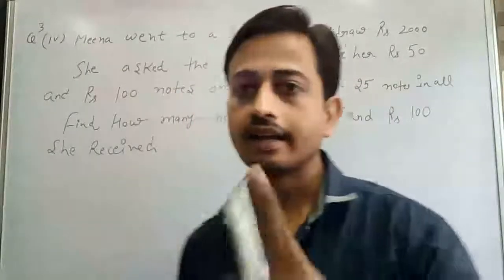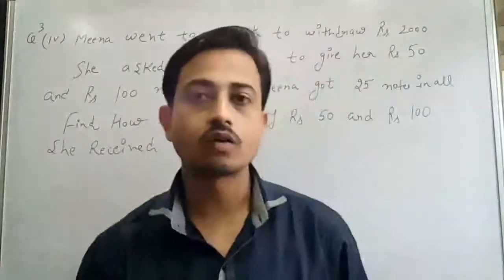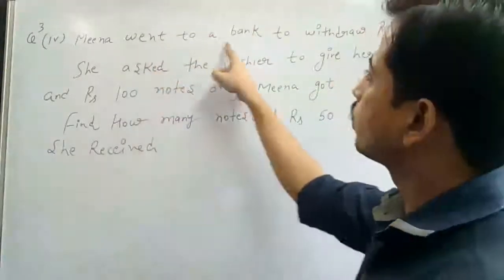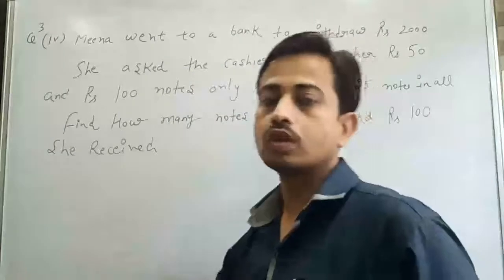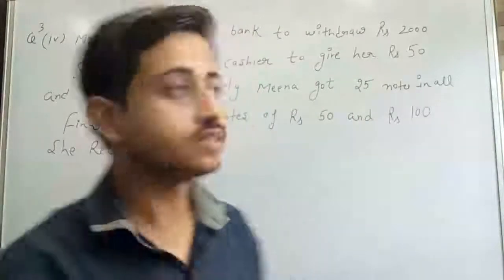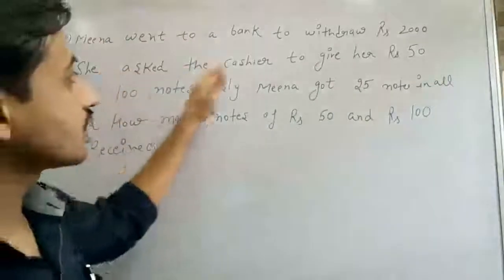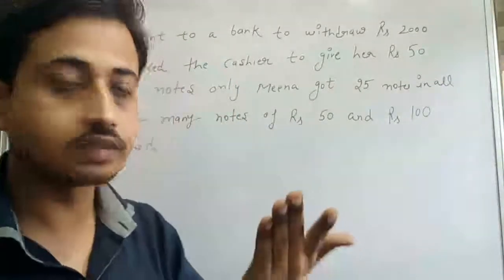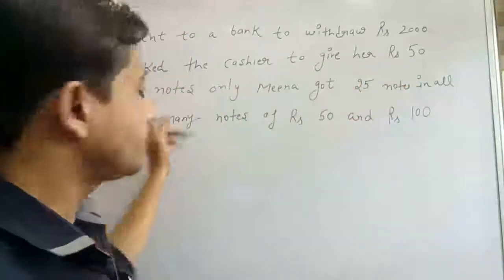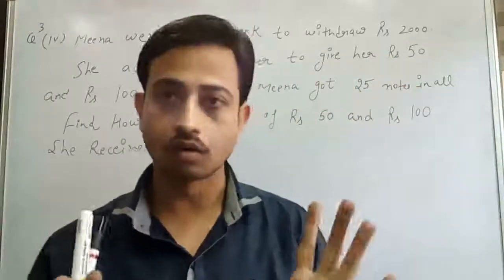Now please read the next, fourth part of question number 3. Please read the statement. Meena went to a bank to withdraw 2000. It means Meena wants to withdraw 2000 rupees. She asked the cashier to give her rupees 50 and rupees 100 notes.